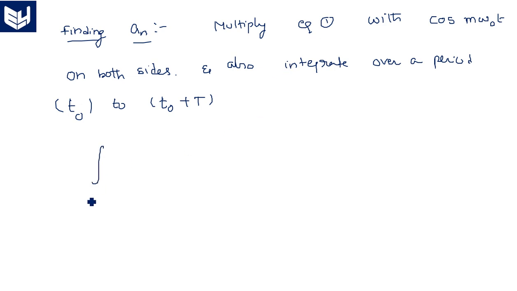So the integral from t naught, the initial value of a cycle, to t naught plus capital T, of x of t multiplied by cos m omega naught t dt.